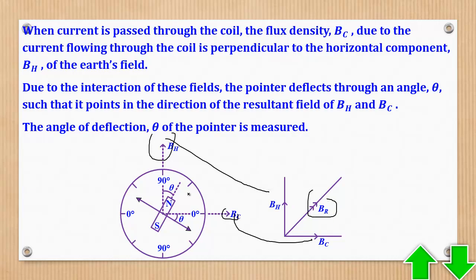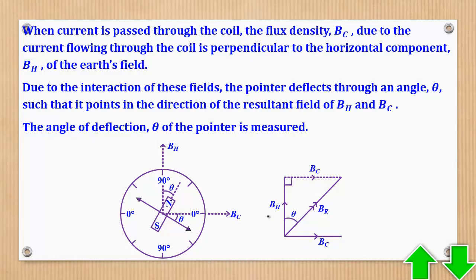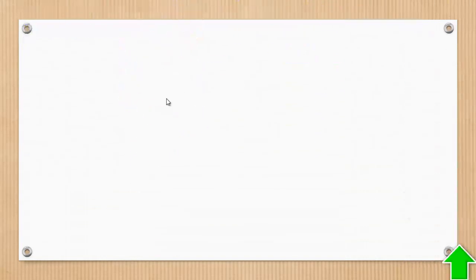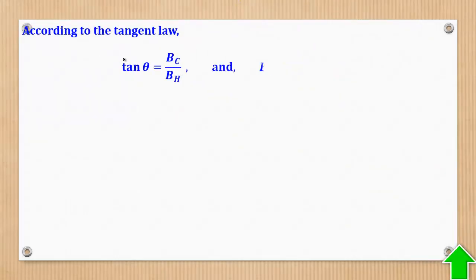The angle theta is between BH and the new position. According to the tangent law, tan theta is equal to BC over BH from the triangle we drew, and BR is got by Pythagoras theorem.